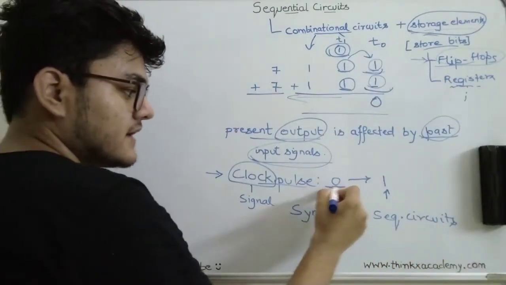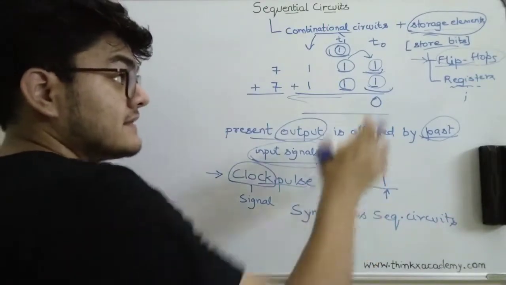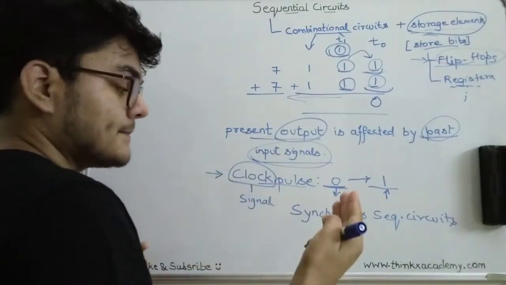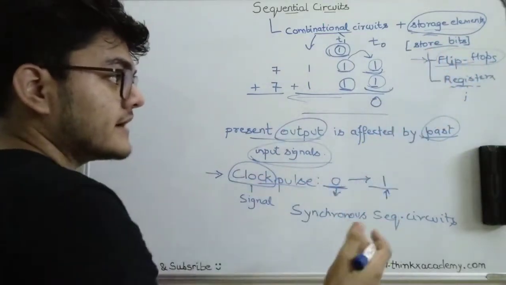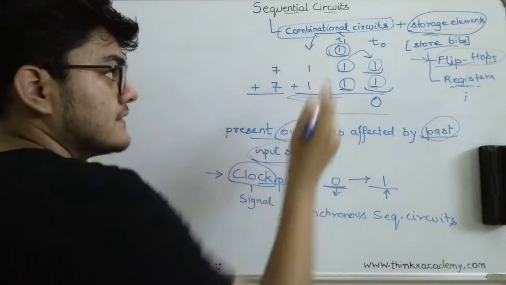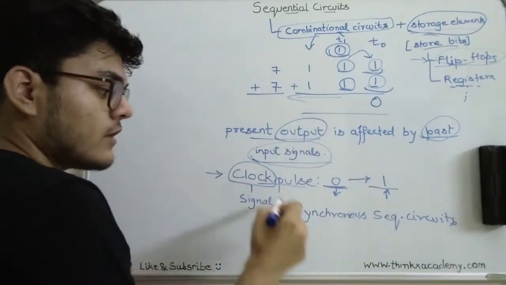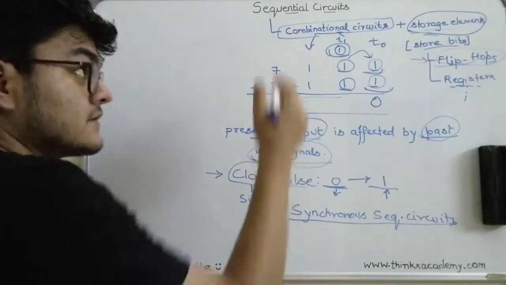And we can see that it works like this. When the voltage goes from low to high, it means that the storage element or the flip-flop will have to change the data. Then after changing the data, it will provide it again to the combinational circuit, and this operation goes on and on. So the introduction of clock makes the sequential circuits synchronous.